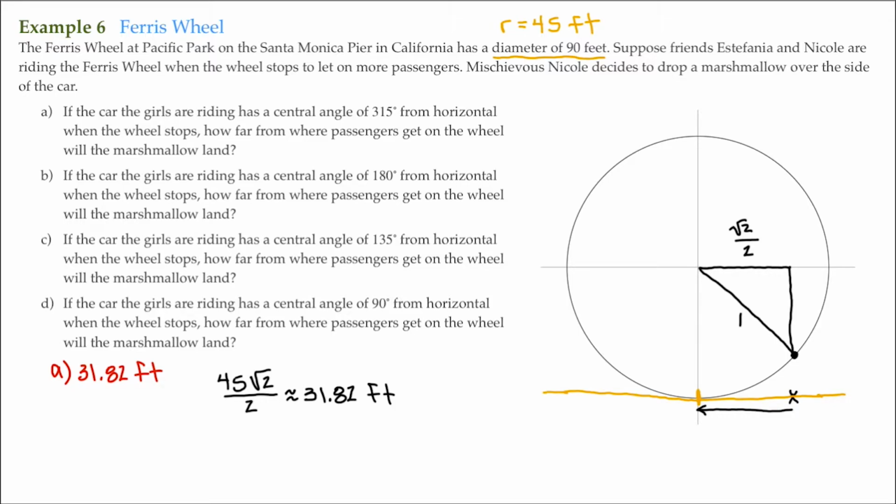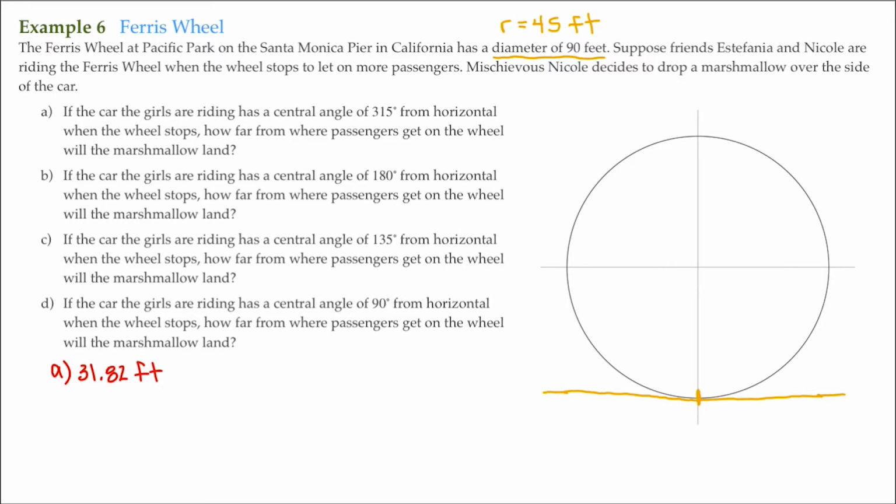So we'll try B. B says if the car the girls are riding has a central angle of 180 degrees from horizontal when the wheel stops, how far from where the passengers get on the wheel will the marshmallow land? So this is our 180 degrees right here. If they drop a marshmallow, it's going to land right below it.